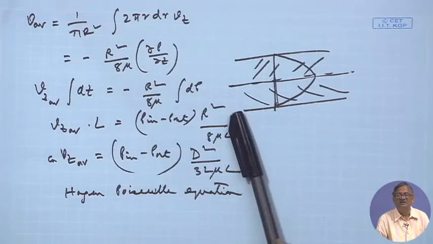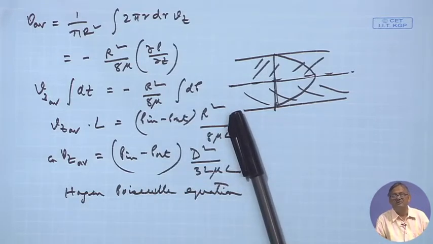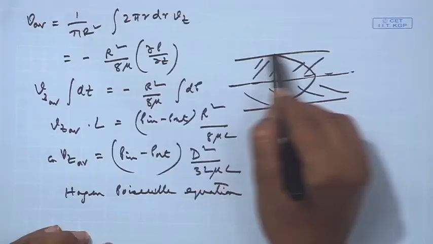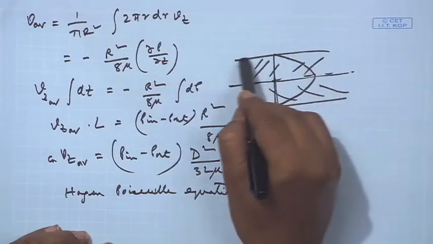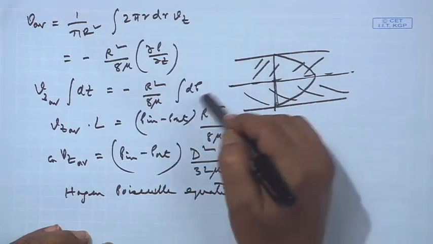Next, we will go on to find out another thing. From here it appears that the layer clinging to the wall is not moving.